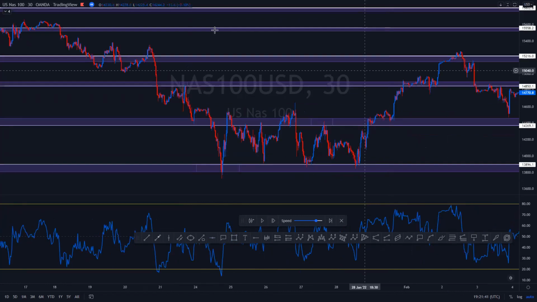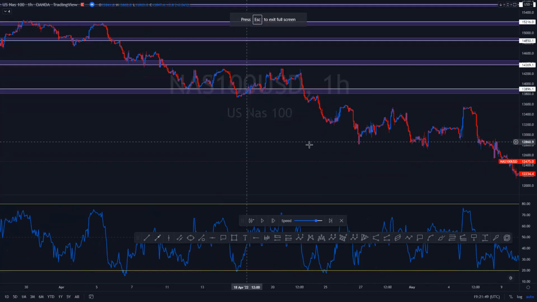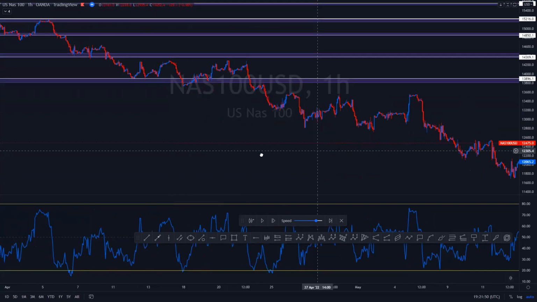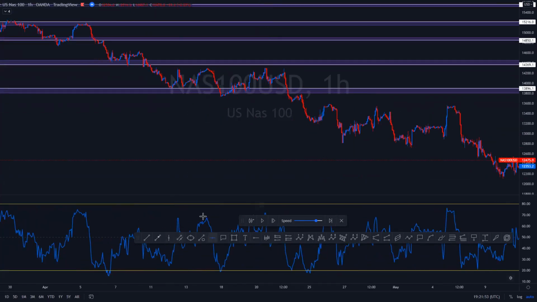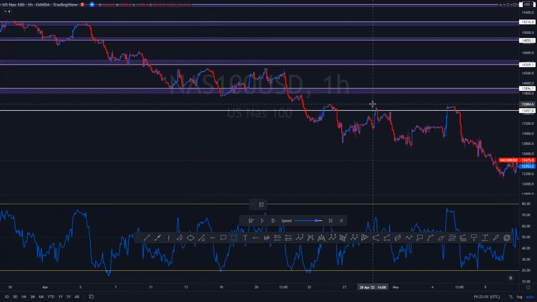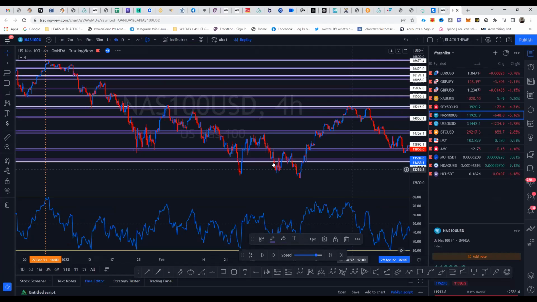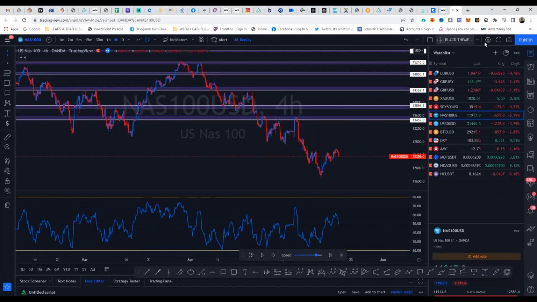Then I move to the 1 hour time frame. Same exact thing. So I would put a horizontal line here. Then go to the 4 hour. And you can see that this is current price here.